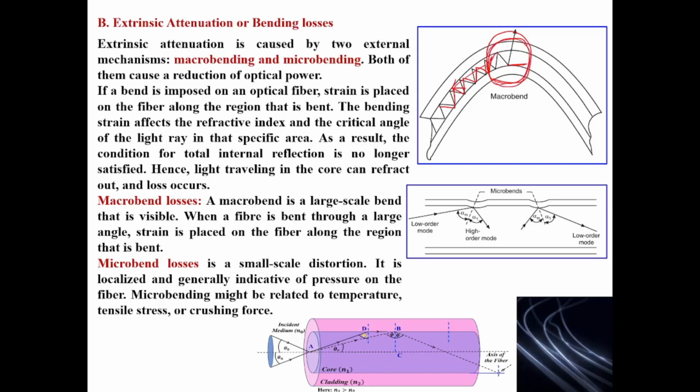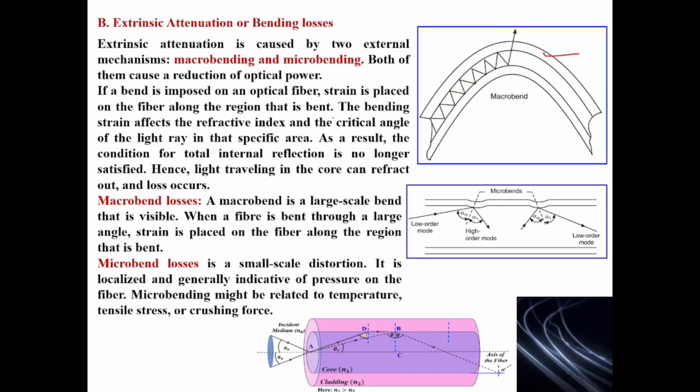So the condition of internal reflection could not be satisfied due to the change of refractive index. So internal reflection could not happen exactly in this region. So some of the light will be refracted through the clad. As a result, we get attenuation in the optical fiber.